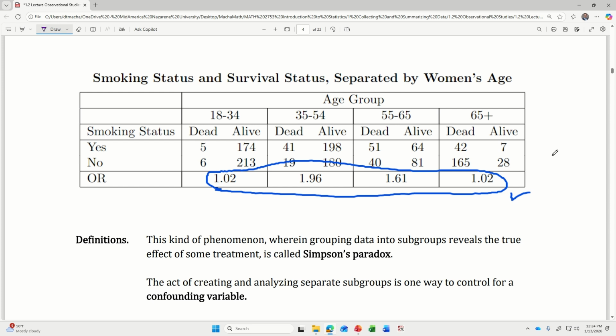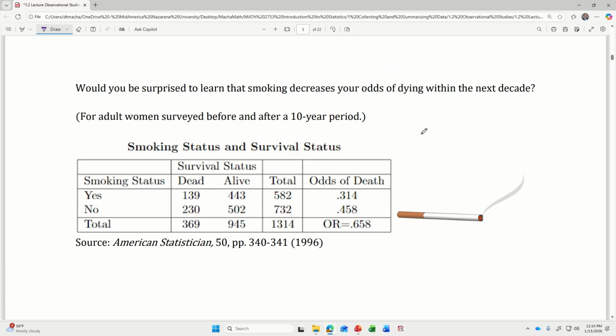When this says OR here, it's called odds ratio. The OR stands for odds ratio, and we also have the odds ratio here. When it says odds ratio, it's saying, let's take 0.314 divided by 0.458 to get 0.658.